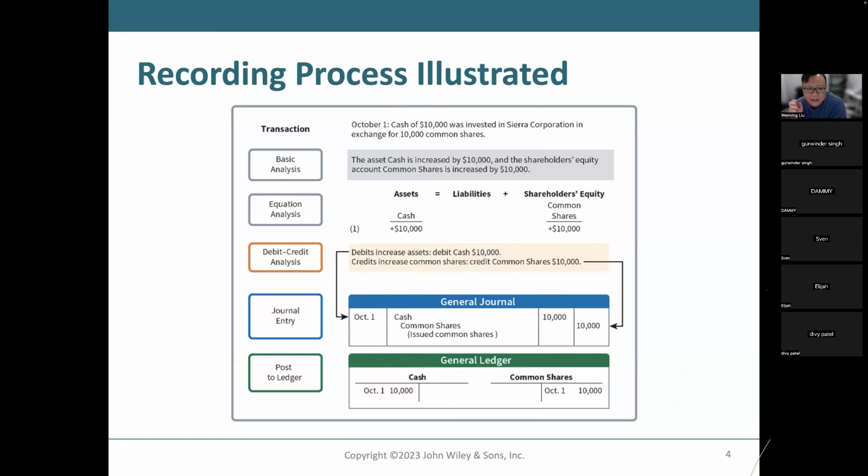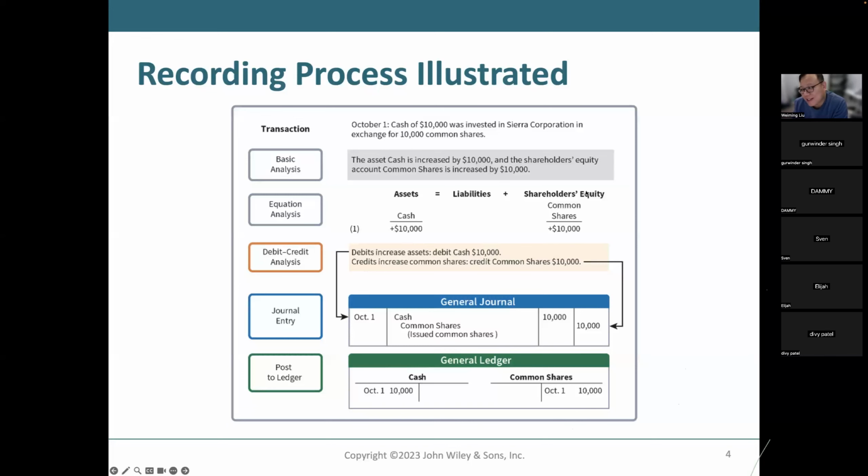So how does this transaction affect my financial position? This transaction will increase my cash by 10,000 and also increase the shareholder equity, the common shares, by 10,000, right? So my equation analysis will be, well, my left side of the accounting equation, the asset side, increased by 10,000.